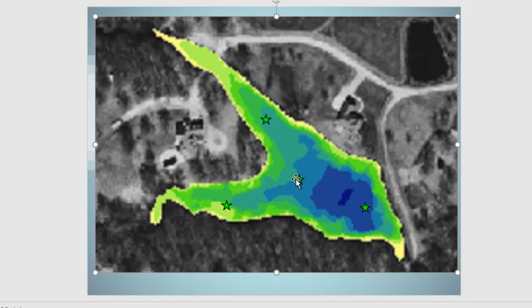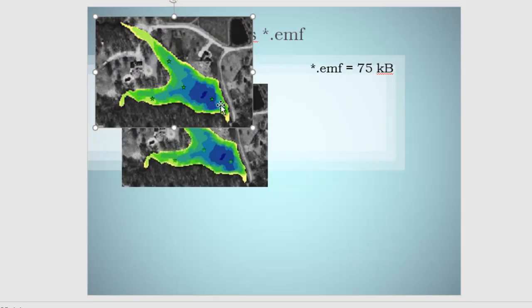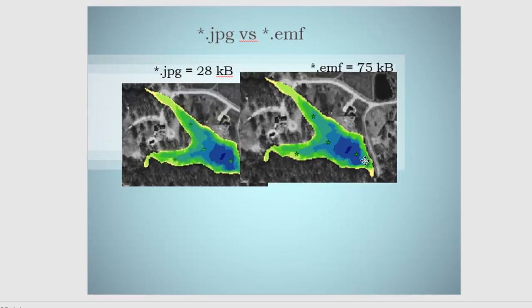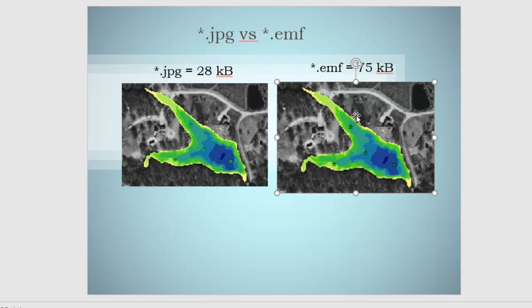But look at those stars. See how crisp and clear they are, no matter what size? Those stars stay crisp and clear. That's the advantage of an enhanced metafile: you can resize it and it will still look exactly the same. It won't pixelate. The trade-off, again, is that the file size is large.